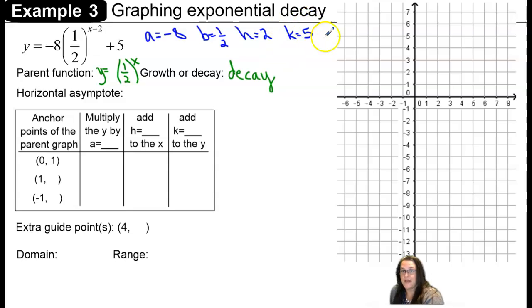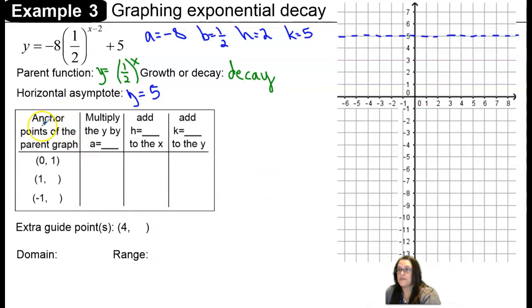So my horizontal asymptote comes from the k value, so y equals +5 is my horizontal asymptote, and I can come over and sketch that on the coordinate plane for the graph of my exponential function.